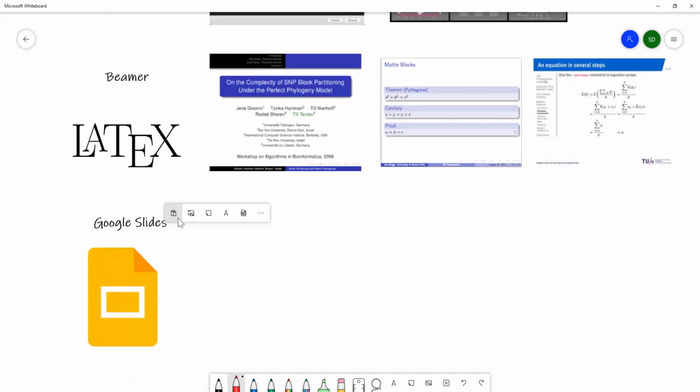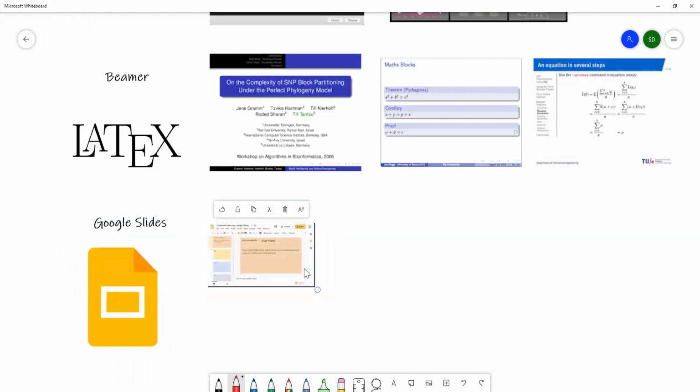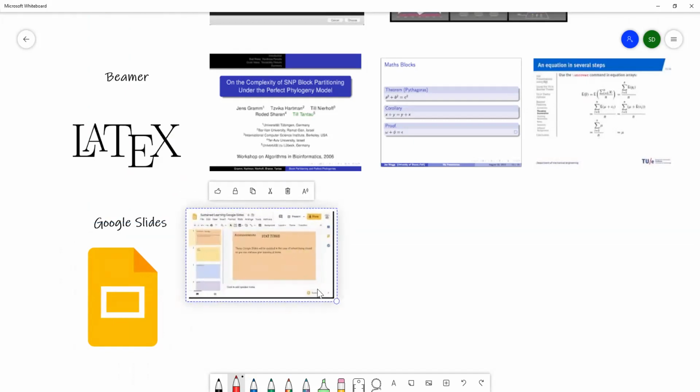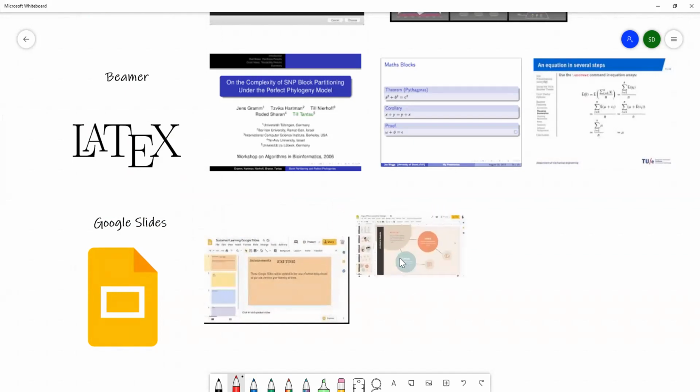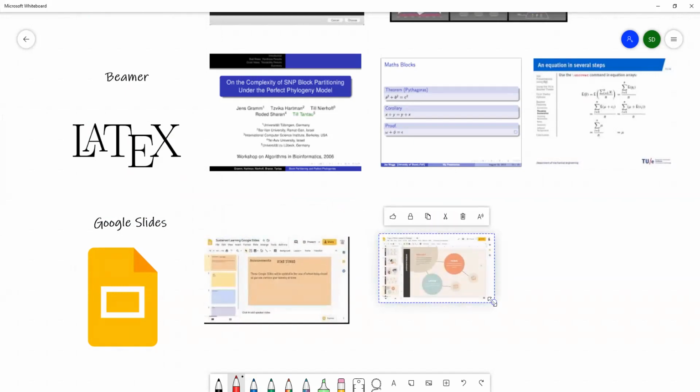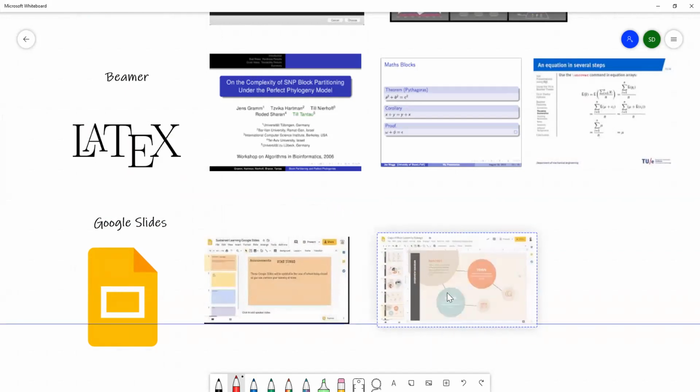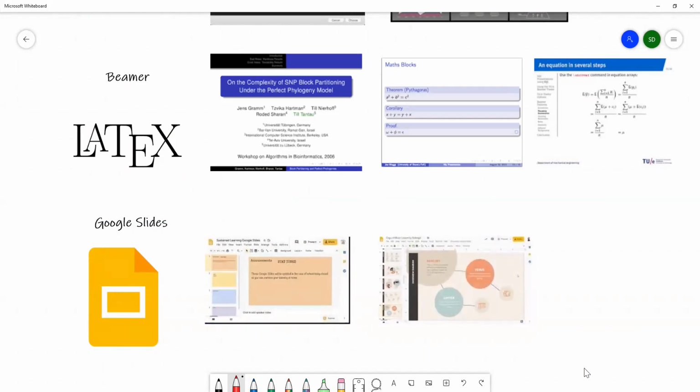Remember, cloud-based, you can use anywhere you want, using any device, not like in other presentation software. And then you can have a lot of themes as well, right? And it's free. Google Slides is also free.